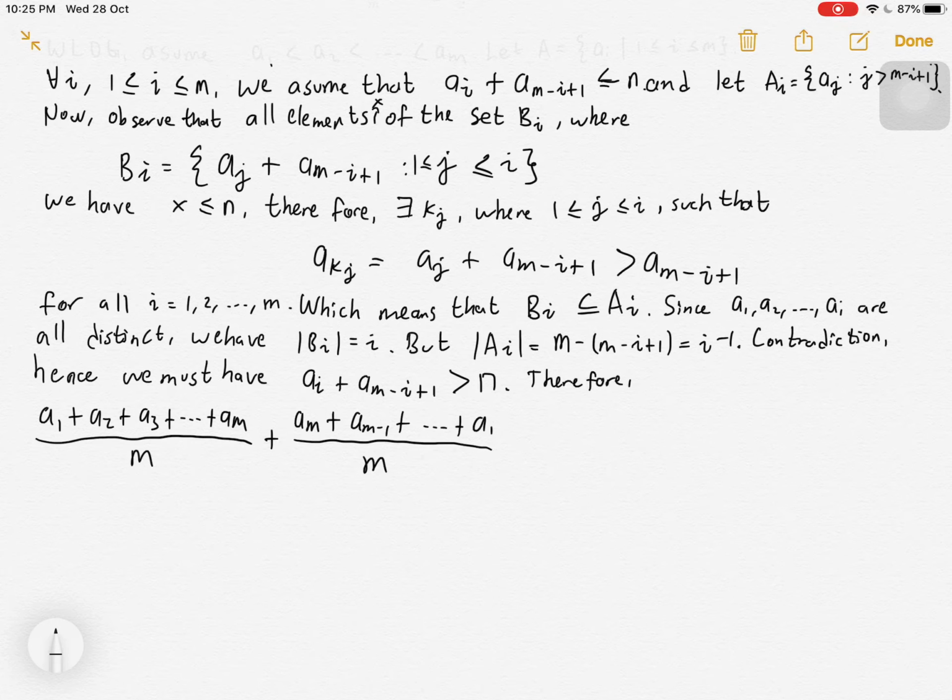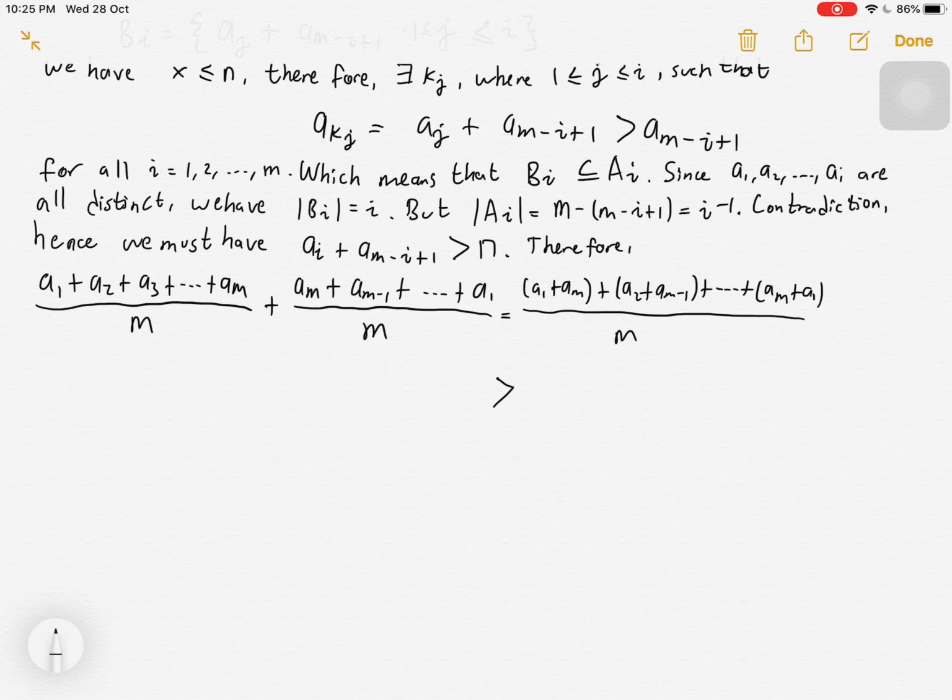This is equal to a_1 plus a_m, a_2 plus a_{m-1} until a_m plus a_1, divided by m.